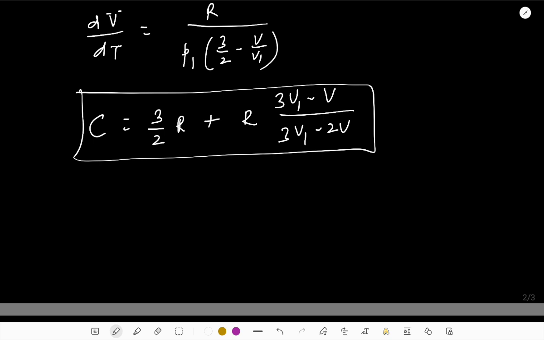We are ready to draw the dependence of C on V, and I think it will look something like this.